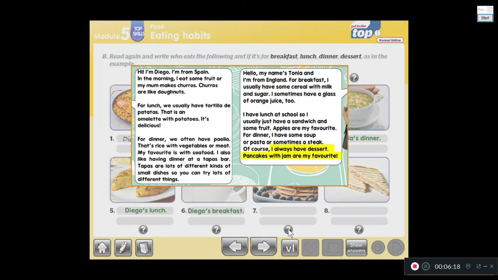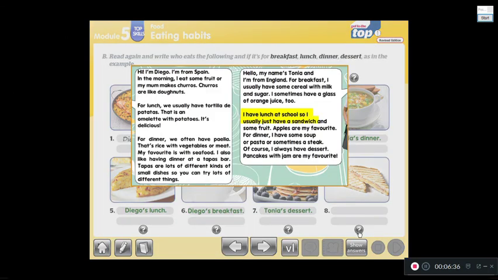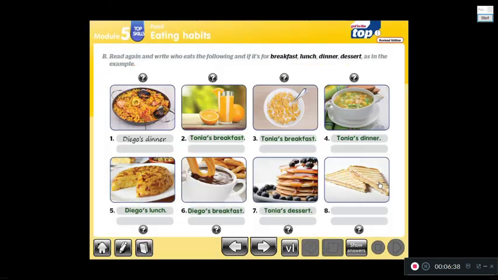The next one we have, of course, I always have dessert. Pancakes with jam are my favorite. We're talking about Tonia's dessert. The last one, this is a sandwich. We have some sandwich. This is gonna be lunch. Okay, so we're gonna have Tonia's lunch.